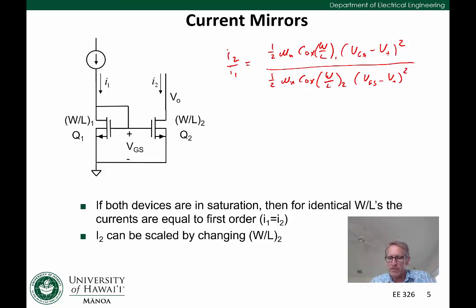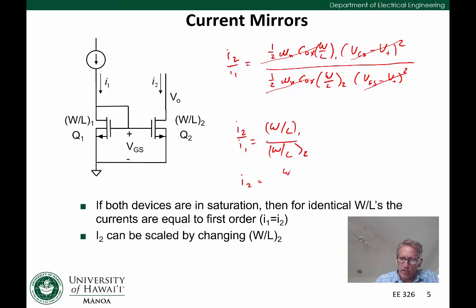Notice that the VGS minus VT squared terms will go away, so will the 1/2 mu n Cox, and we're left with I2 over I1 is equal to W over L1 divided by W over L2. Or in other words, I2 is equal to I1 times this ratio of W over Ls.